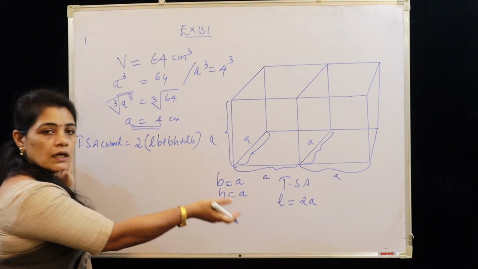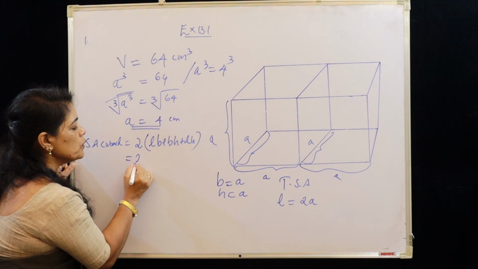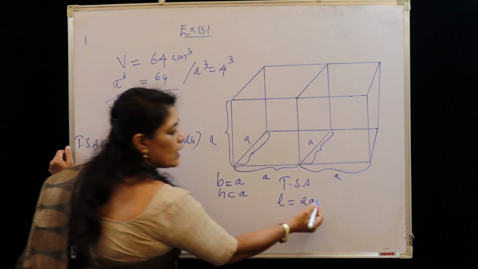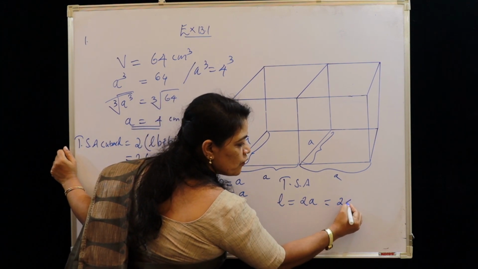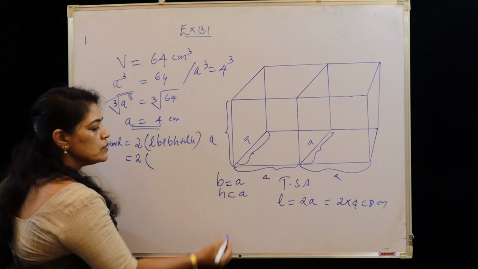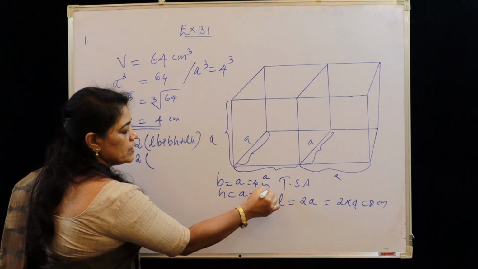All three quantities are known, just substitute. L is 2 into A, and A is 4, so L is 8 centimeter, understood? And B and H are 4 centimeter each.